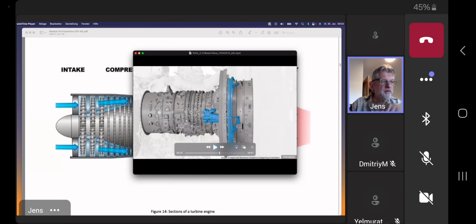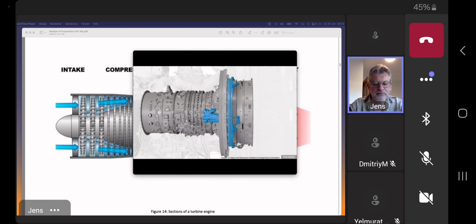Right behind this, the low pressure rotors and stators are installed. At a certain moment, especially at engine start, it's better to relieve some compressed air.